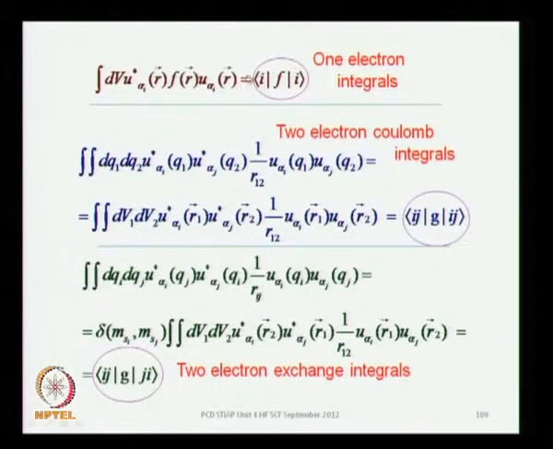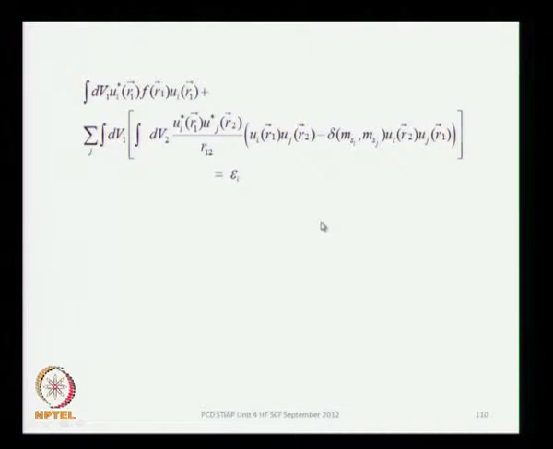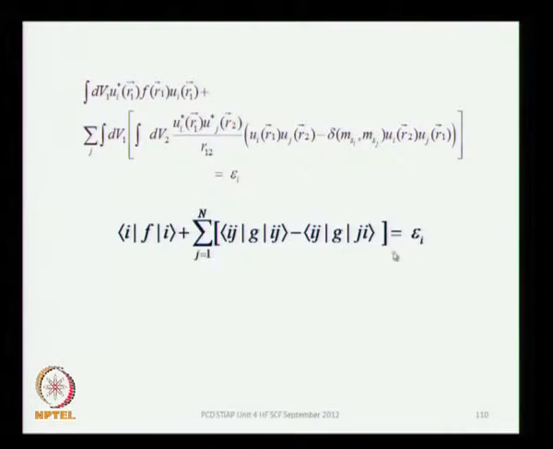So, this is the Dirac notation: this is the <i|f|i> matrix element, this is <ij|g|ij>, and this is <ij|g|ji>. In terms of these, the Hartree-Fock equation which we got can be written in a rather simple compact fashion using the Dirac notation.